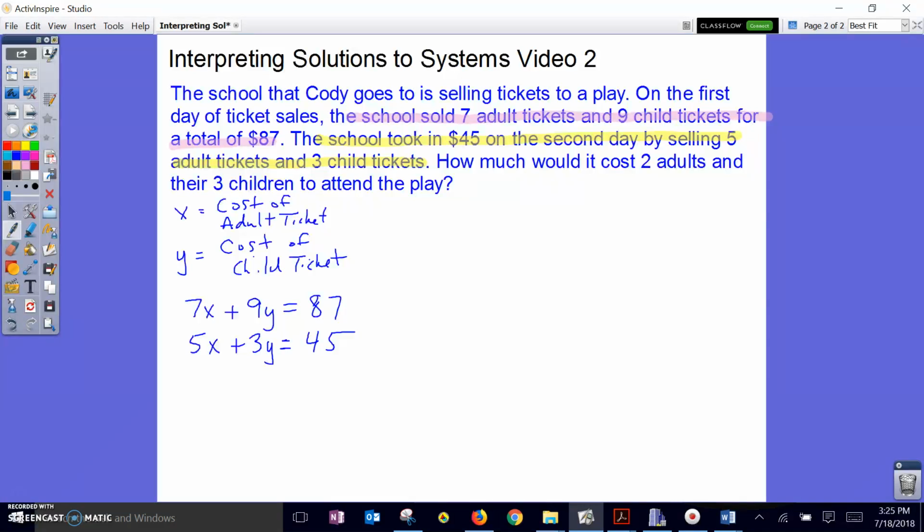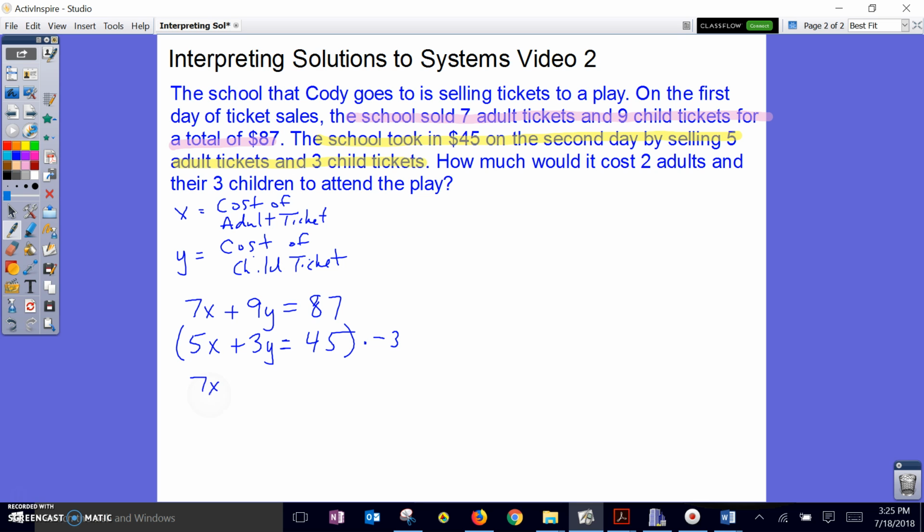And again, this is set up perfectly for elimination. I need to figure out what would be a good thing to multiply one of these equations or both of these equations by to get one of the variables to drop out. After studying the x coefficients and the y coefficients, I think the best choice is to multiply the second equation by -3 and leave the first one as is.